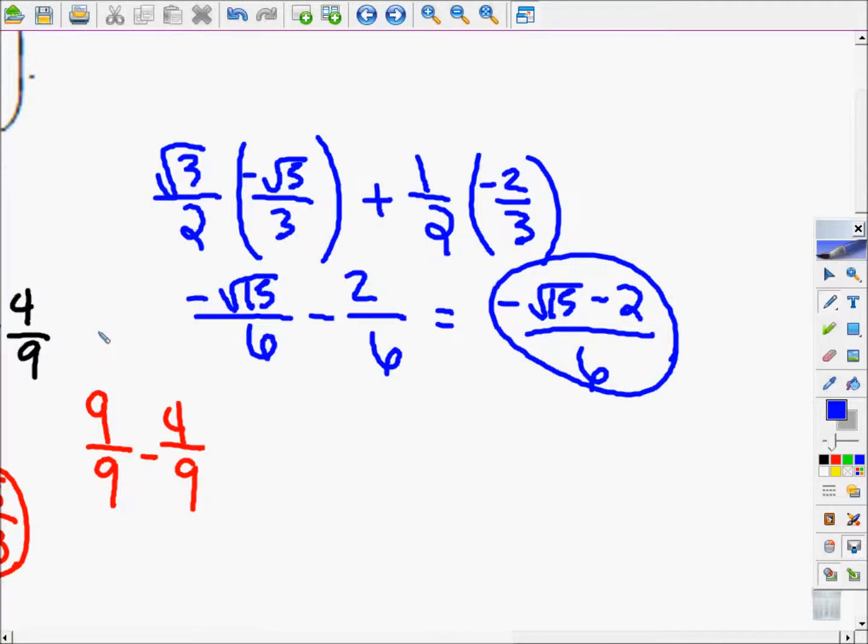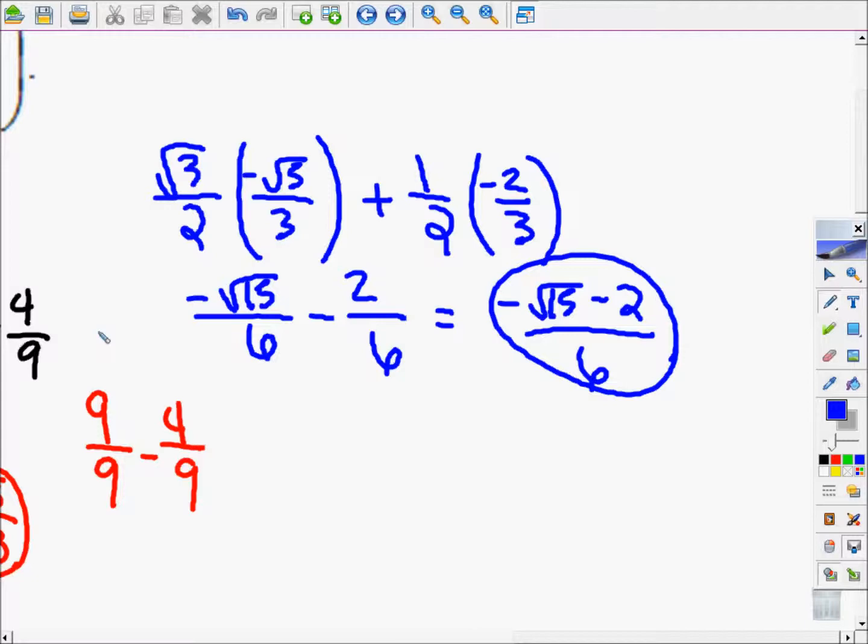When I plugged in for cosine of B, I got negative square root of 5 over 3. Cosine of A, I got 1/2. And when I plugged in for sine of B, I got negative 2 over 3.